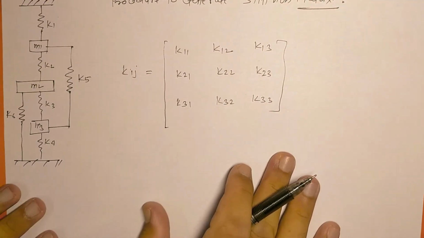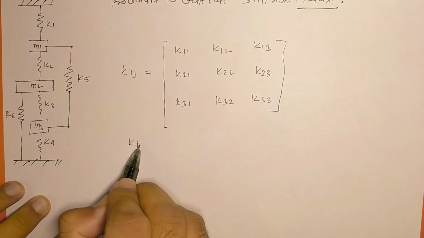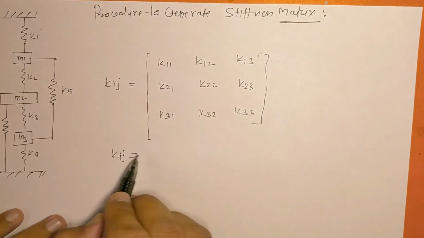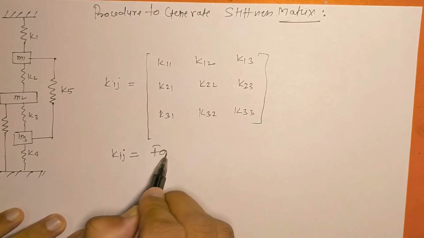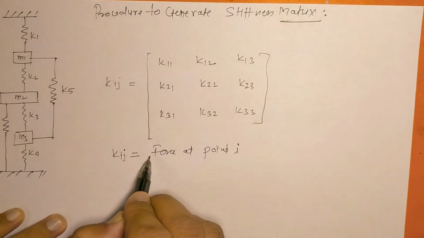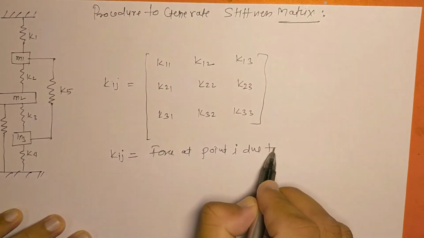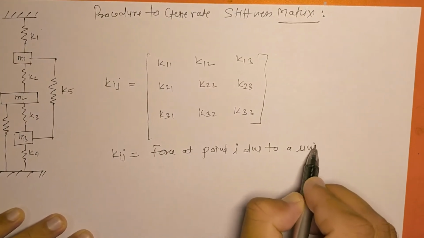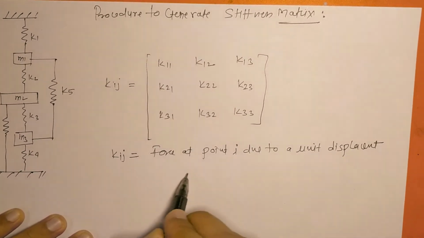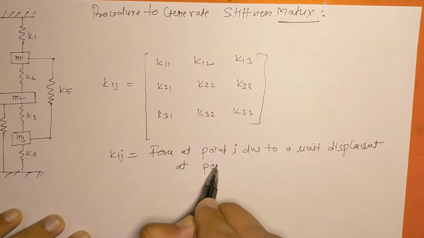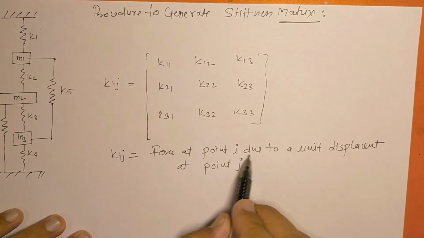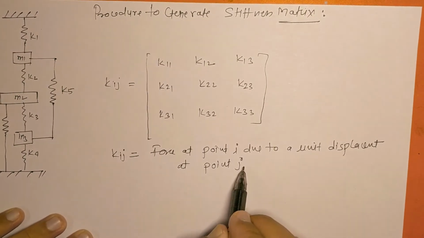Now Kij, this is important: Kij means force at point i due to a unit displacement at point j.